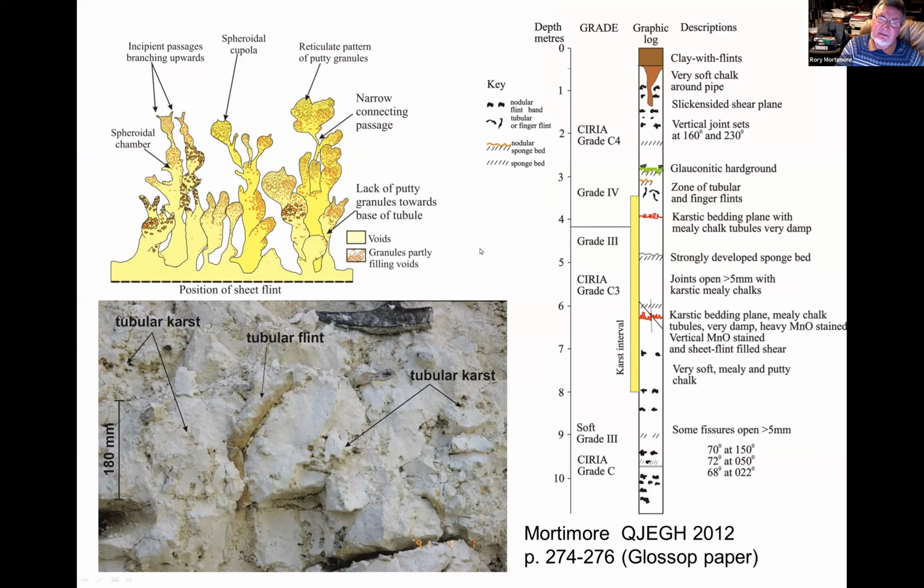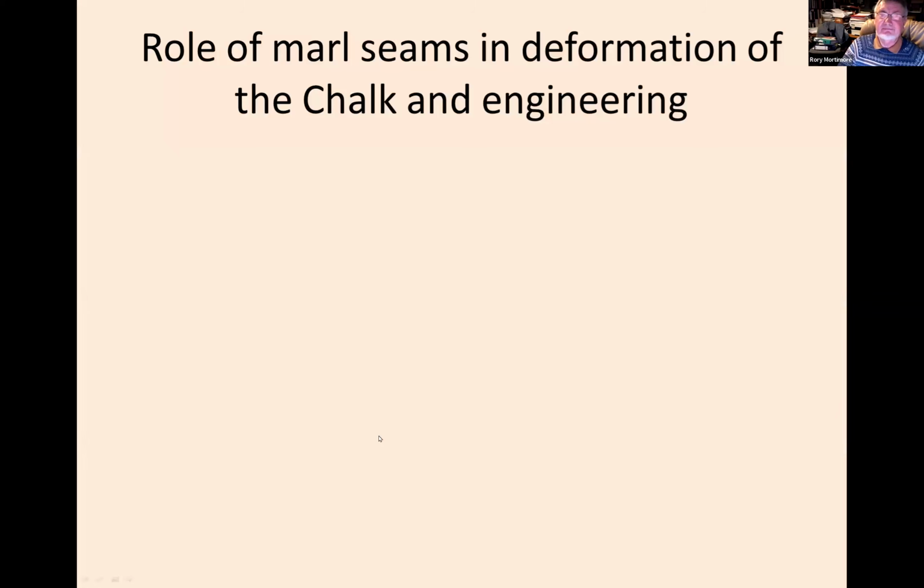And in terms of the road cutting, I think it was up to 30% of the volume of chalk had gone from that road cutting that they were expecting to use in the earthworks operations. So the impact of the karst, although it's not massive karst like the Carboniferous limestone with huge underground rivers and streams in it, there's still plenty of karst to consider as an engineering risk within the chalk.